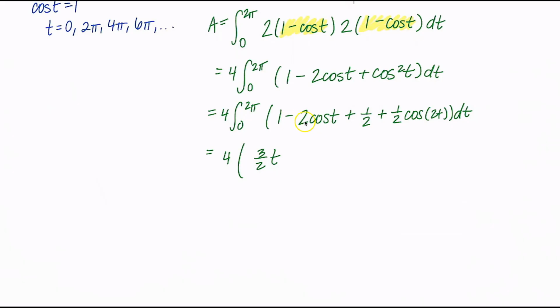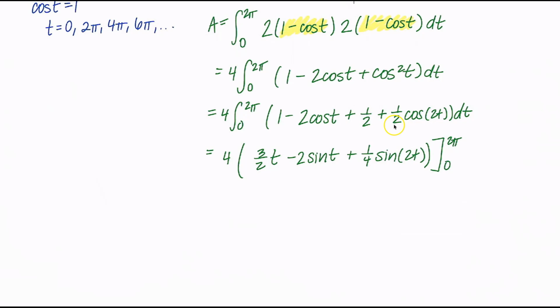The antiderivative of -2 cosine t is -2 sine t. And then the antiderivative of 1 half cosine of 2t, well, another 1/2 is going to pop out of there, so I'm going to have plus 1/4 sine of 2t. And this is evaluated from 0 to 2 pi.